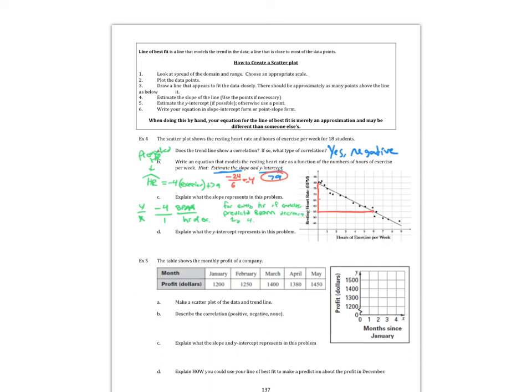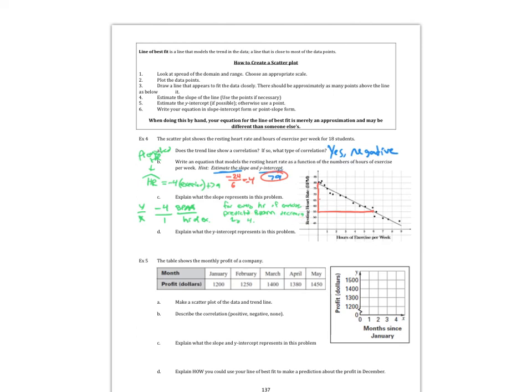So that's how we interpret the slope. We say for every one of the x value, so for every 1 hour of exercise, and then the y value, we're using this data to predict. So we have to say the predicted beats per minute decreases by 4.